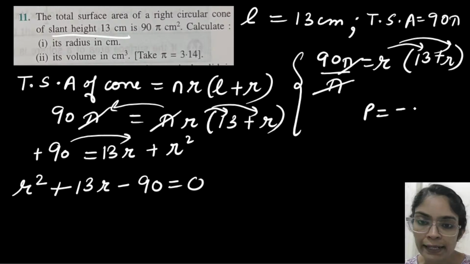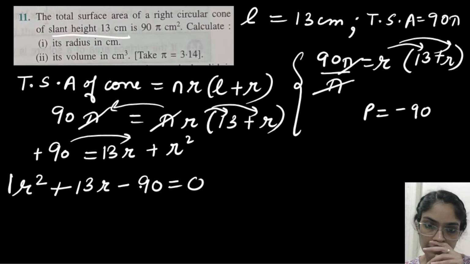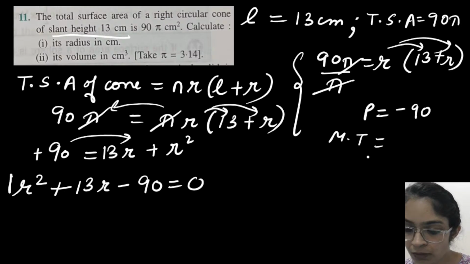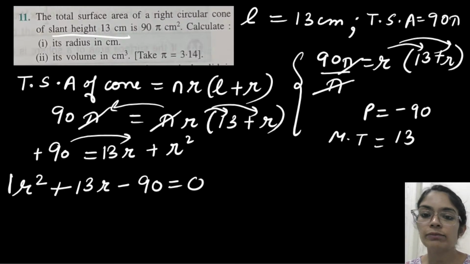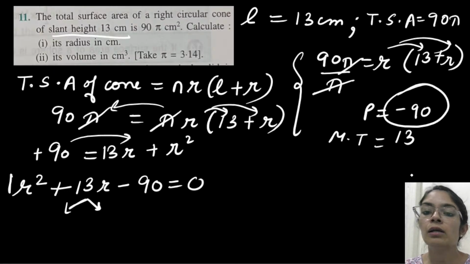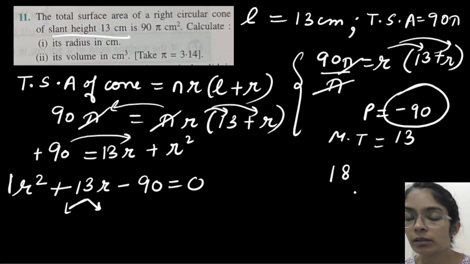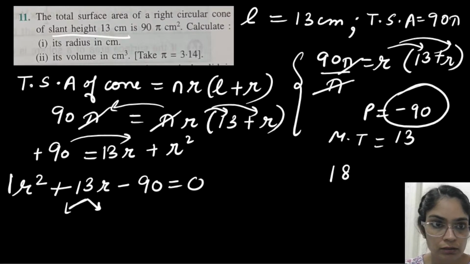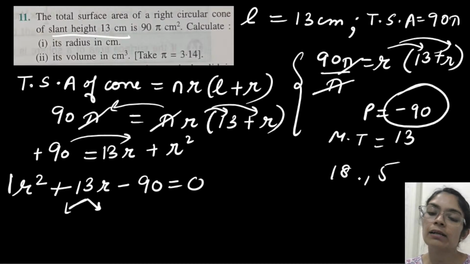Product of first and last: the first term is 1, the last is minus 90, so the product is minus 90. The middle term is positive 13. Now we have to split 13 in such a way that, if you consider 18 and 5, 18 into 5 is 90.